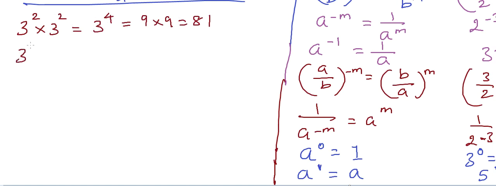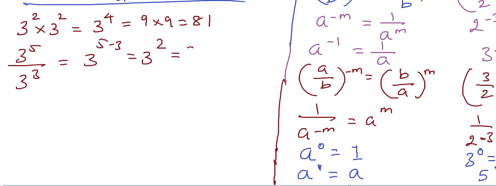Next, 3 power 5 divided by 3 power 3 is 3 power 5 minus 3, which is equal to 3 power 2, which is equal to 9.